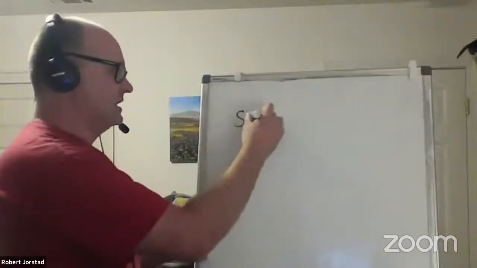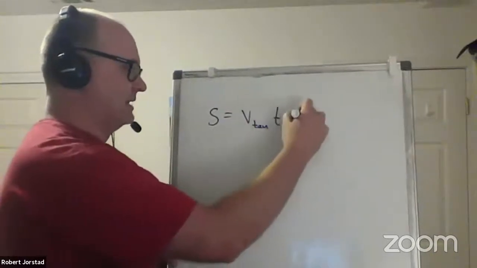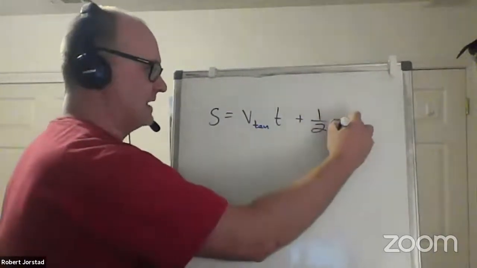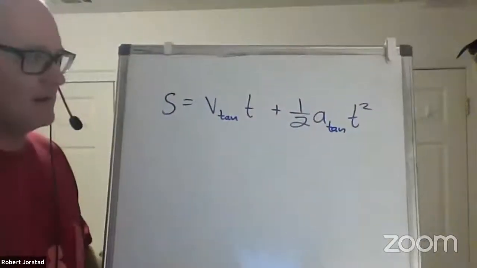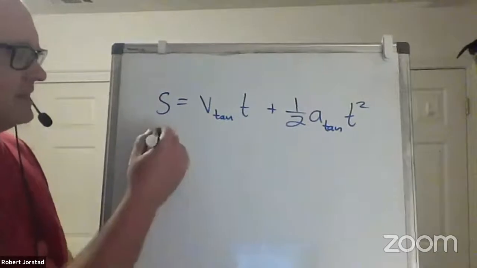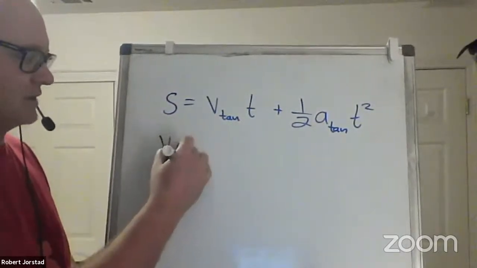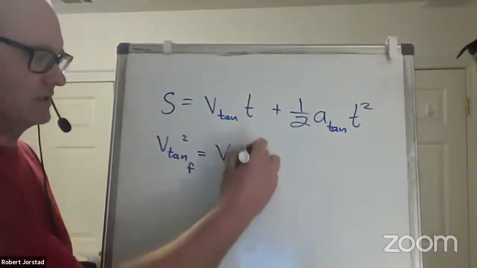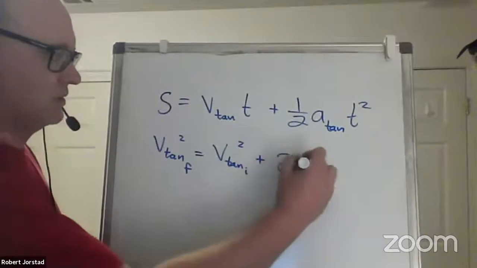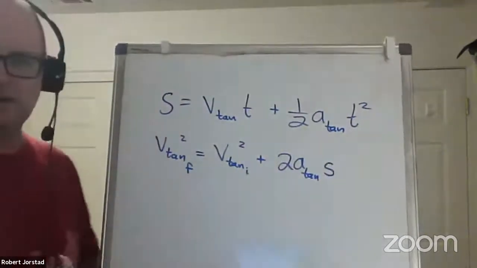But watch this. S equals V tangential times time plus 1/2 A tangential T squared. Wait a minute. We already, let's see. Oh, and then I think we also know V tangential final squared equals V tangential initial squared plus 2 A tangential S. This is the arc.